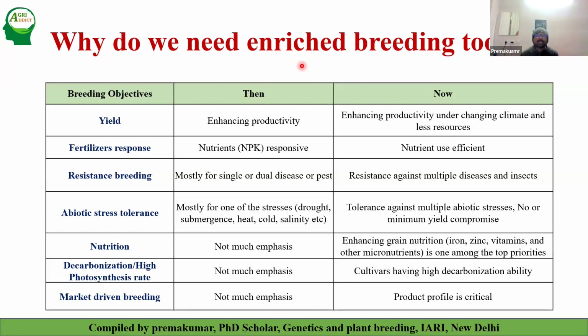In the same way, along with the earlier breeding methods, we should have an extra toolbox, extra weaponry, to combat all these limitations of the present world and to achieve the present breeding objectives. That's why we need additional methods.